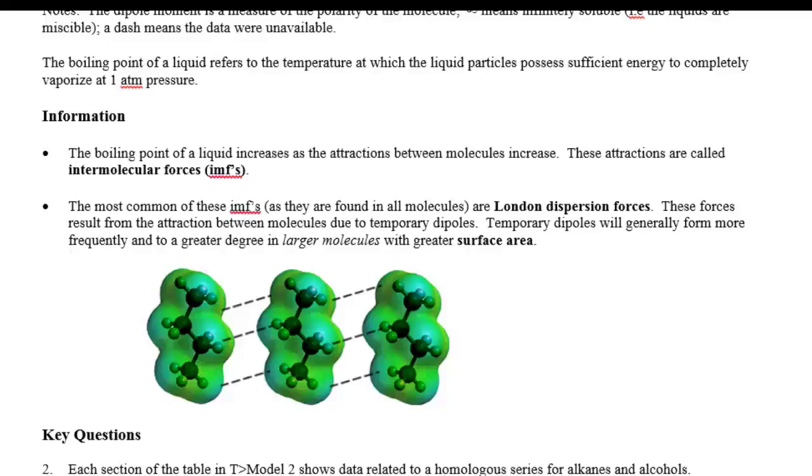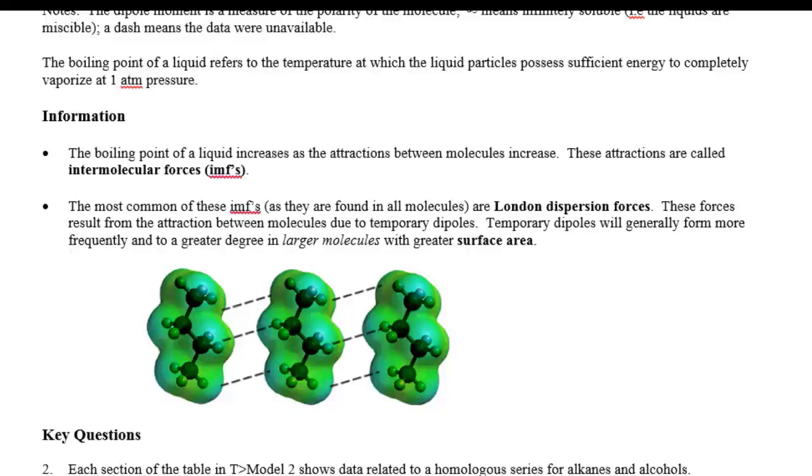Temporary dipoles, in a sense, depend on how large the molecule is, which is related to how polarizable the electrons are, as well as the surface area. An indication of how large a molecule is related to its molar mass. So in a sense, the molar mass is an indirect measure of London dispersion forces.